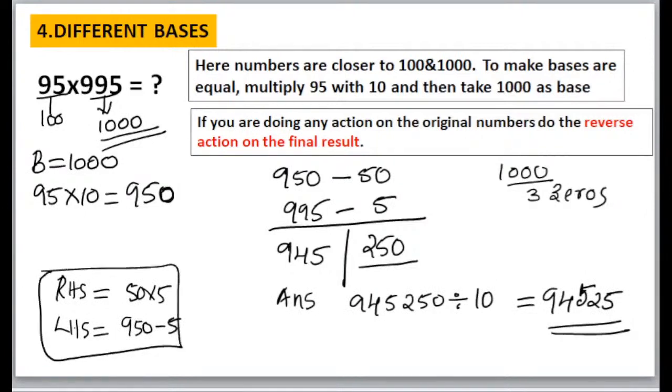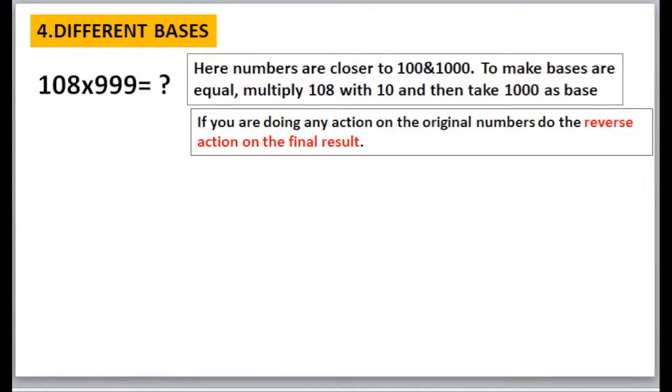So next is 108 into 999. This has 100 base, this has 1000 base. But we will take the highest number as the base. So 1000 as the base. But you have to multiply 108 with 10 in order to make it 1080.